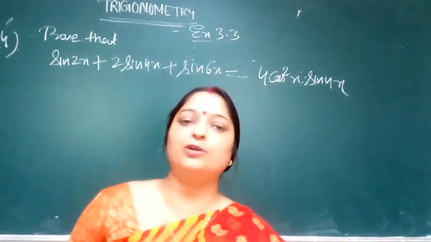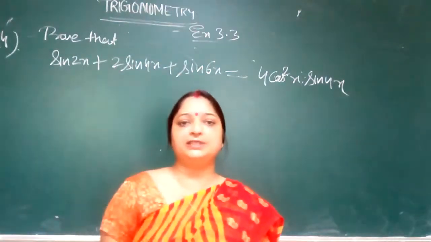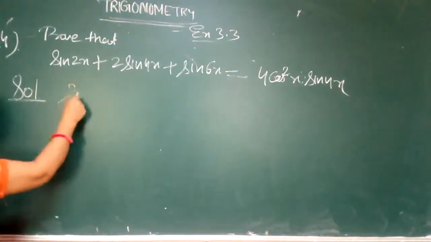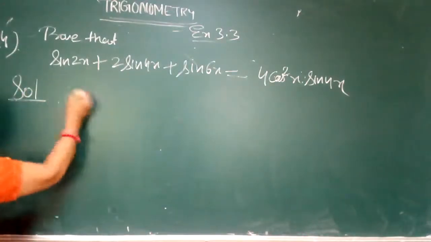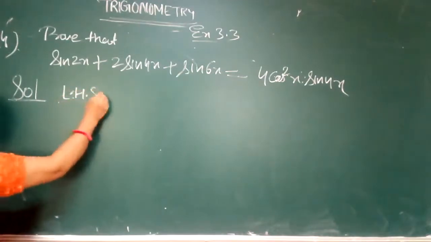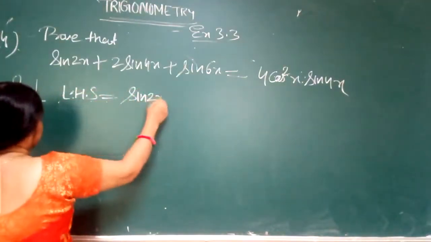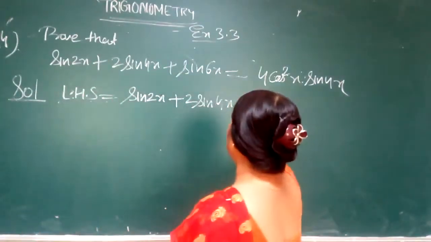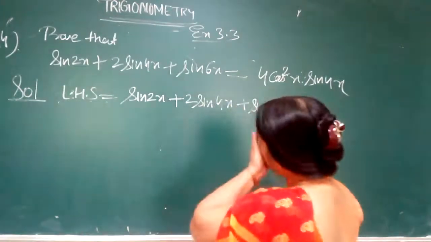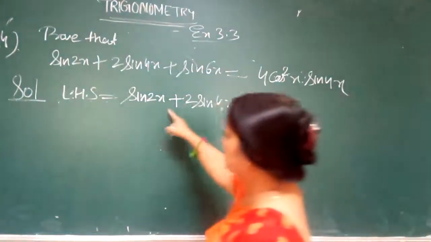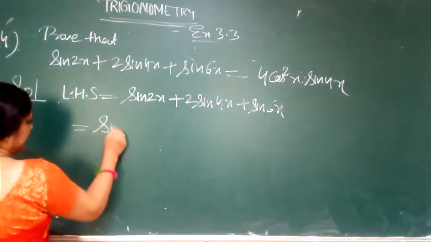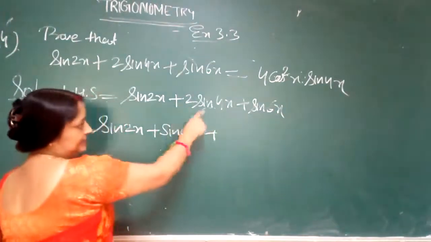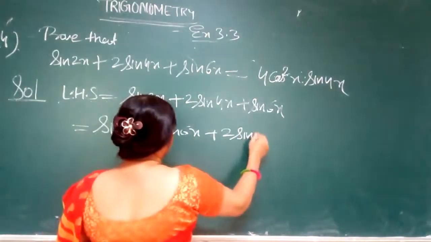Then we can apply the formula of sine C plus sine D. First of all take left hand side, that is sine 2x plus 2 sine 4x plus sine 6x. Now in next step we will combine these two terms, means write sine 2x plus sine 6x, and write this term at the last, that is 2 sine 4x.